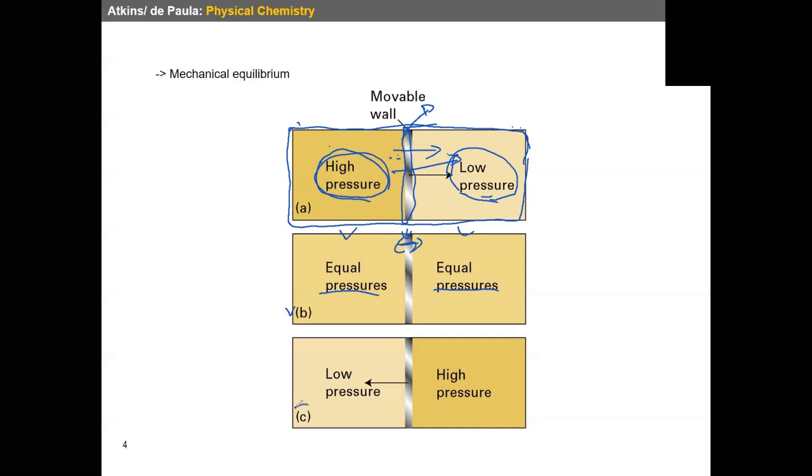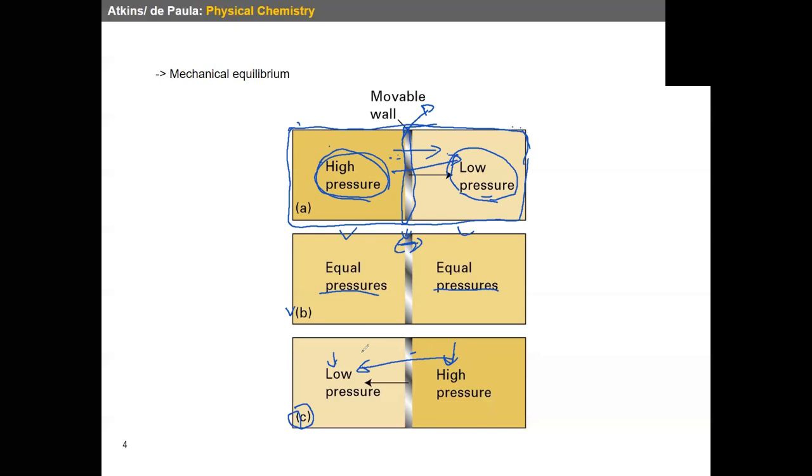And in example C, the right-hand side has a high pressure and the left-hand side has a low pressure. Then what will happen? How will this wall move? It moves from the high pressure to the low pressure. So this is a mechanical equilibrium.